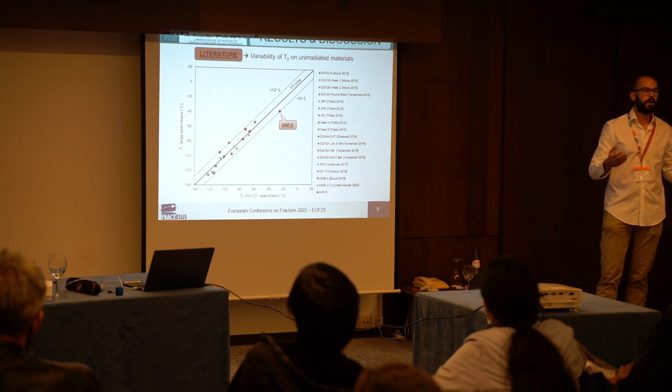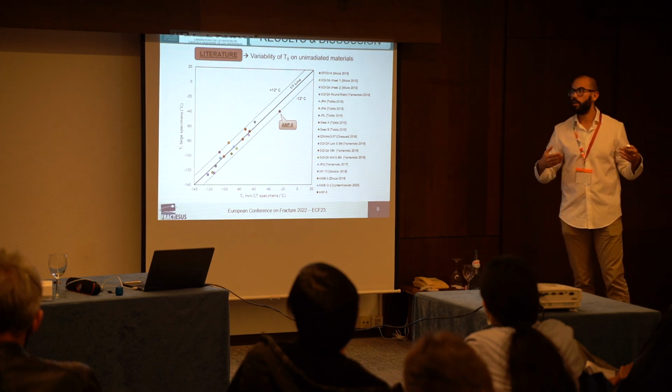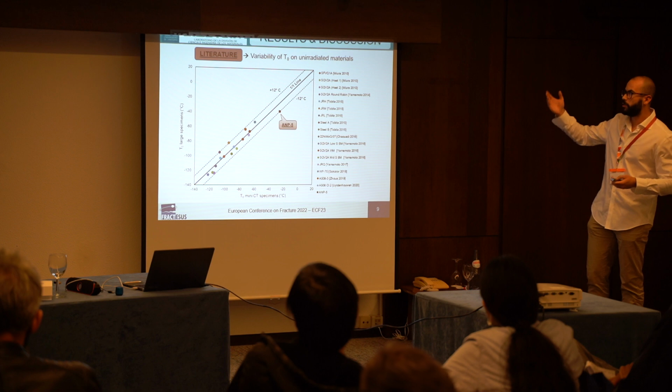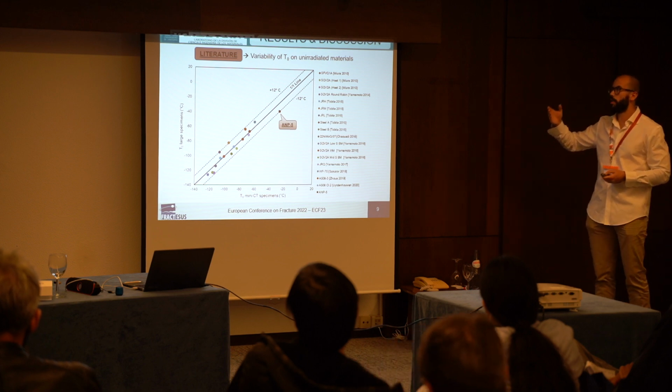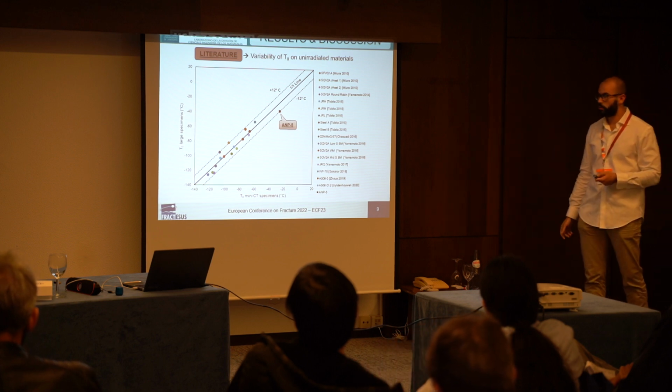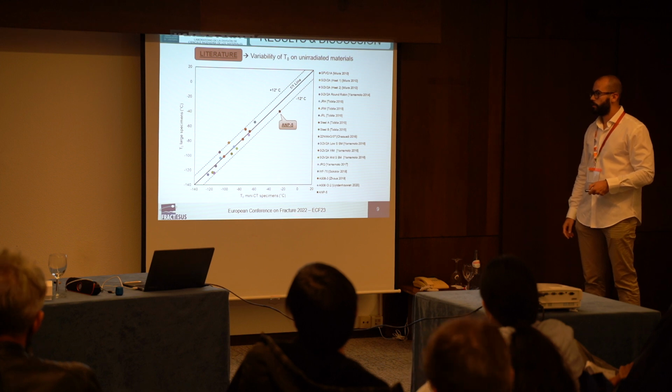To put this value in context, we have reviewed the literature to check the variability of T0 on unirradiated materials. We compared the value with GCT and the value with large specimens.